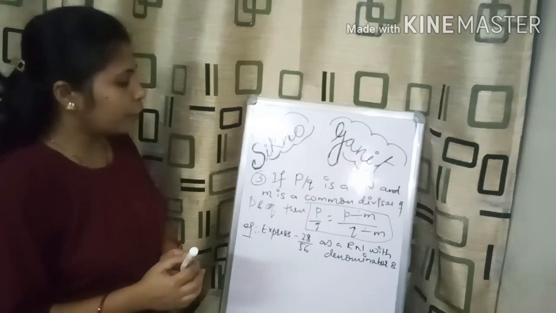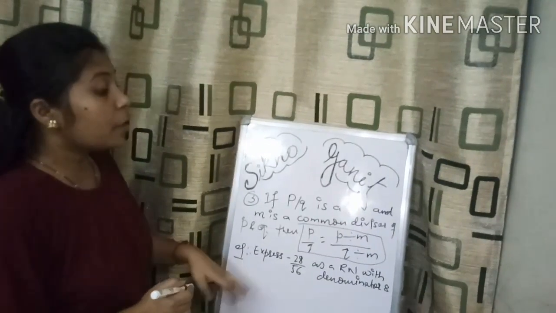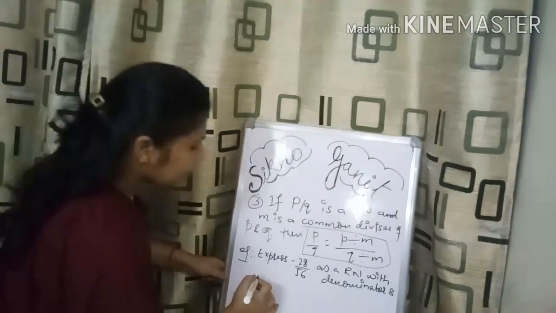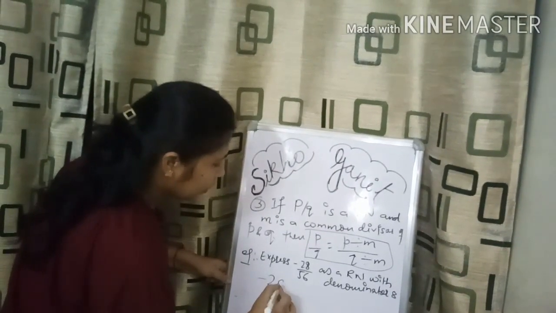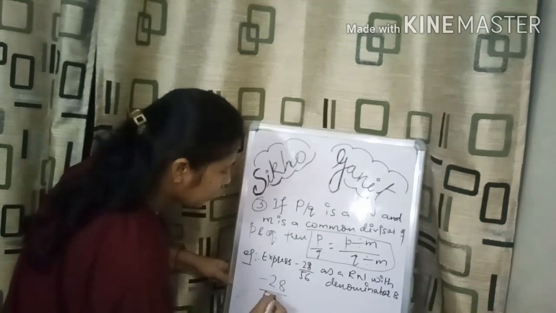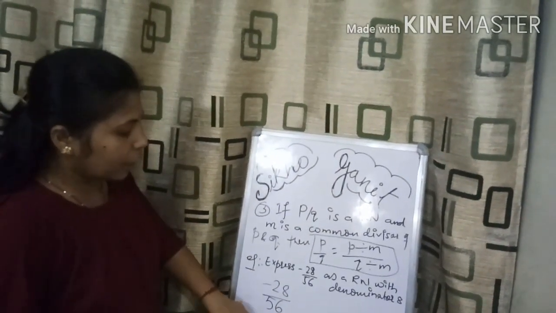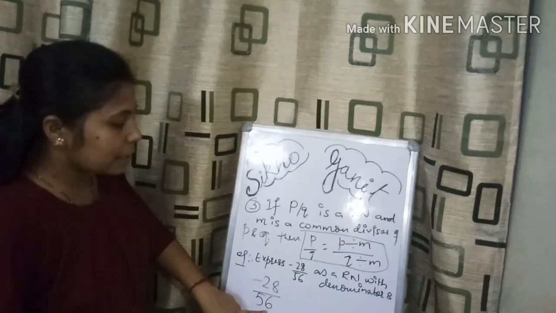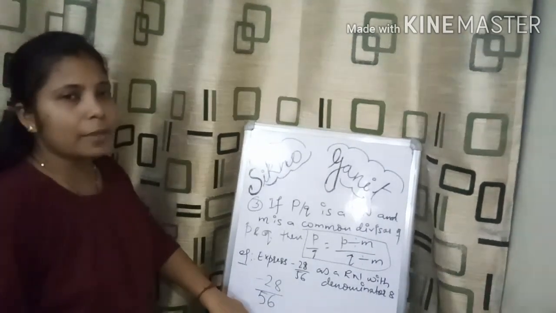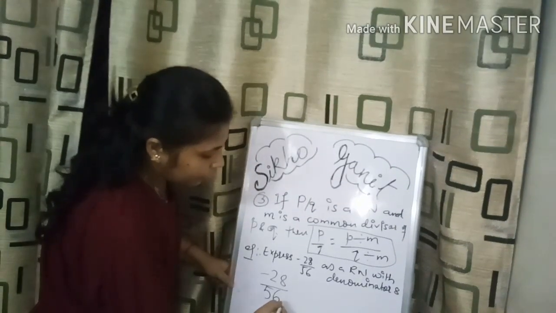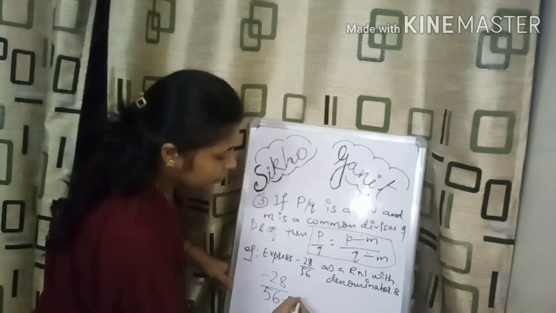So what do we need to find? A rational number which is having the denominator as 8. So for this, what will we do? Here the rational number minus 28 upon 56 is given. Now we need to make the denominator as 8. So to make the denominator as 8, what do we need to do? We need to divide 56 by 7.